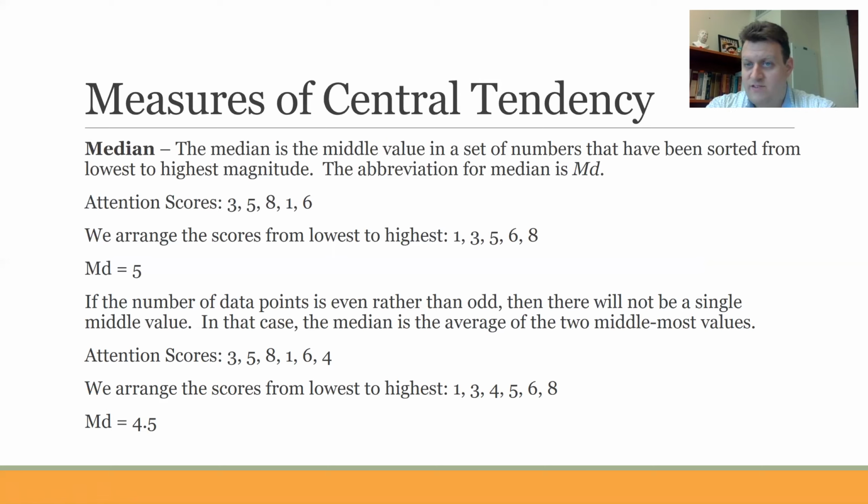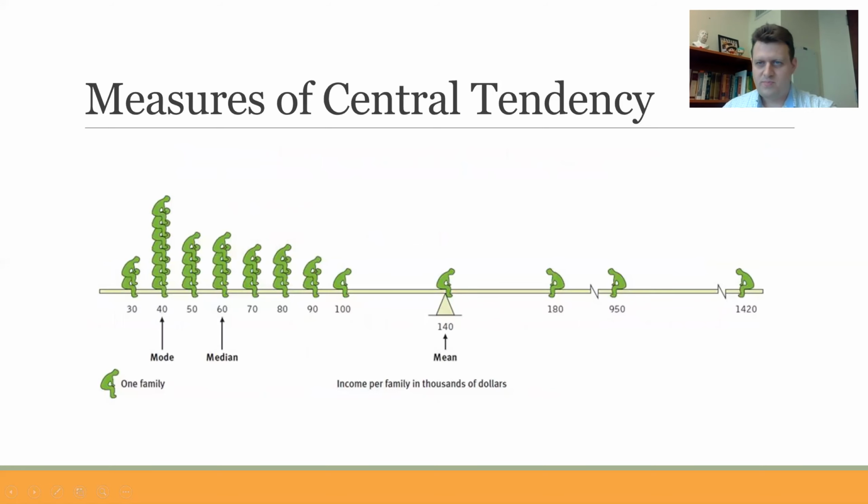So the median has its advantages. One disadvantage of it is it only takes 1 data point or 2 data points into consideration, right? So it doesn't matter what the highest number is or what the bottom number is, it just matters what the middle numbers are. But the median has many advantages too, all right? So let me tell you a story.